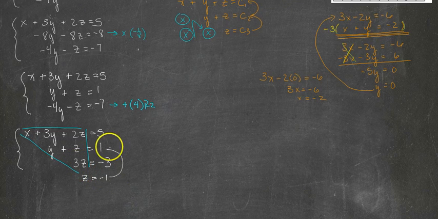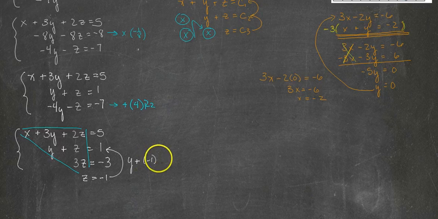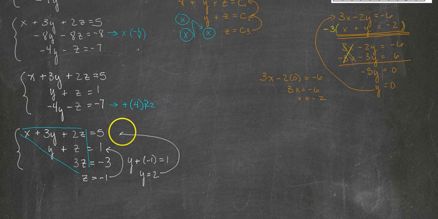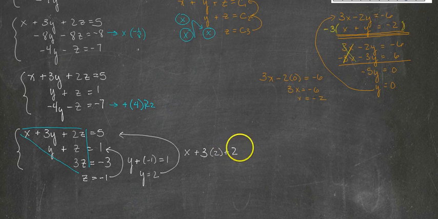Now if I plug that into this equation, I get y plus negative 1 for z equals 1. So y equals 1 plus 1 equals 2. And now I'm going to plug both of these back into the first one. X plus 3 times y plus 2 times z equals 5.